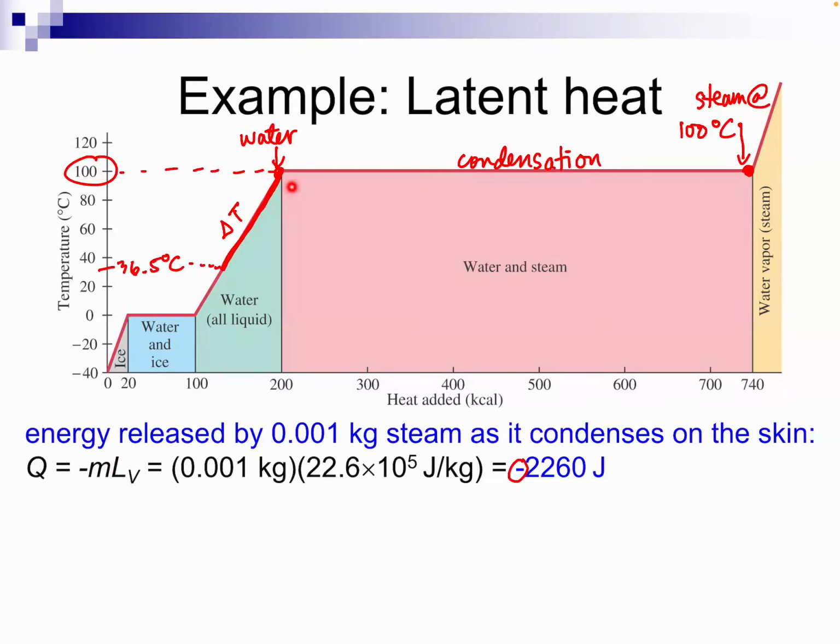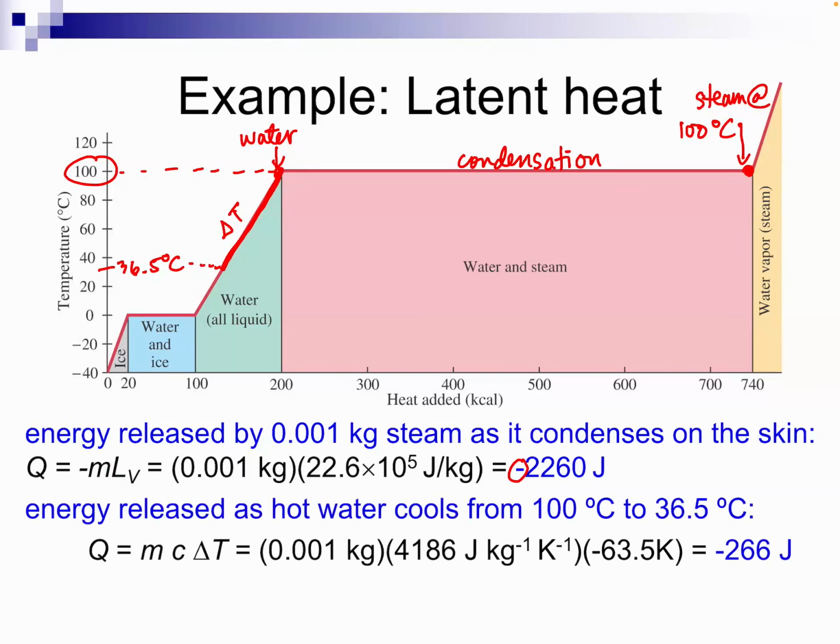Once the steam has been converted to water, the water is initially at 100 degrees Celsius. Energy is then released as the water cools down to skin temperature, which is 36.5 degrees Celsius. Since there's a change in temperature, the amount of heat released will be given by the mc delta T equation.